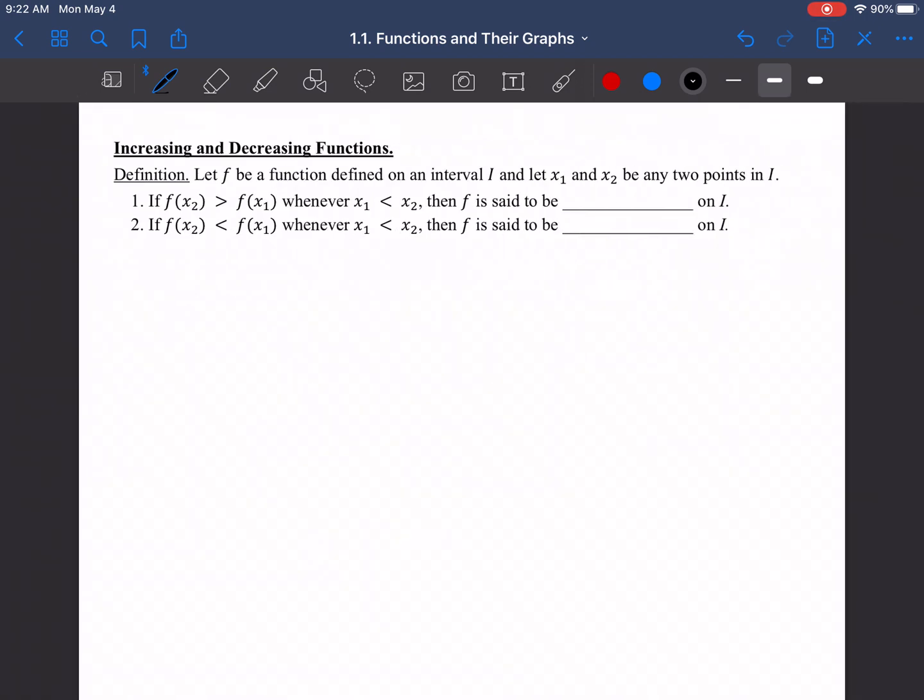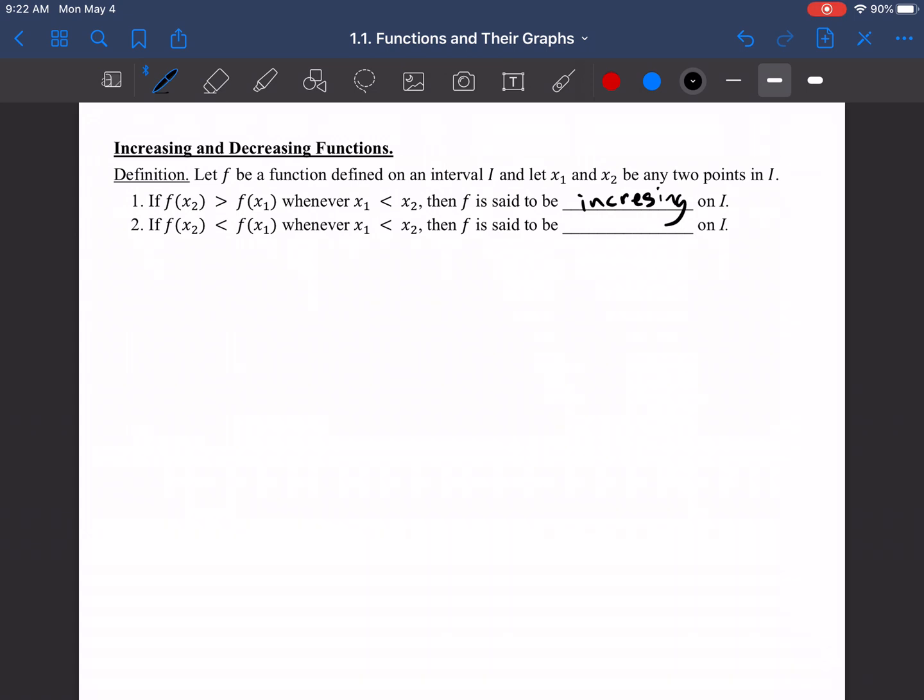Here, increasing and decreasing functions. Let f be a function defined on an interval I, and let x1 and x2 be any 2 points in I. So if f of x2 is greater than f of x1, wherever x1 is less than x2, then f is said to be increasing.